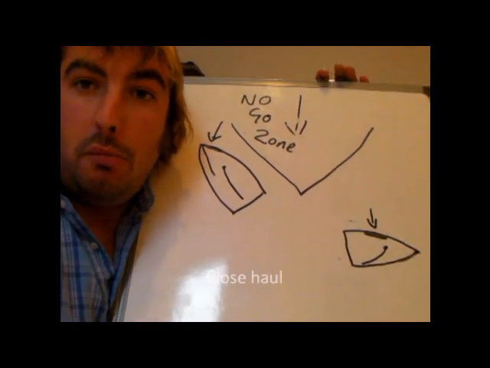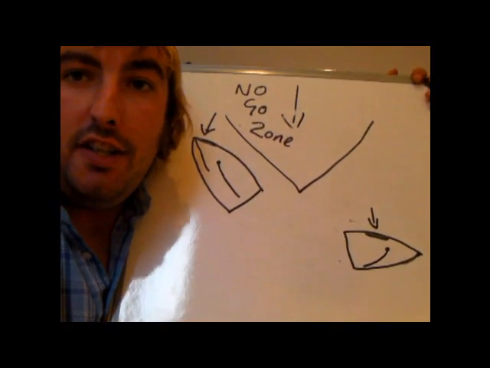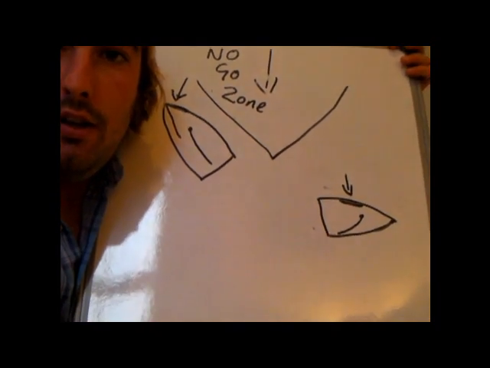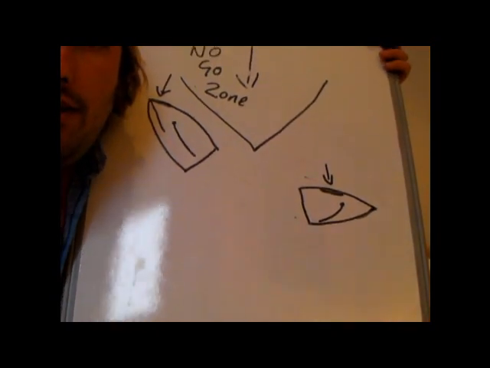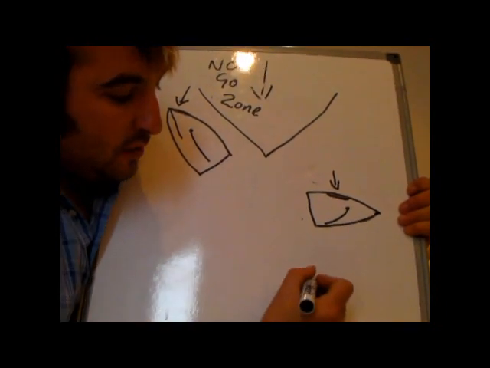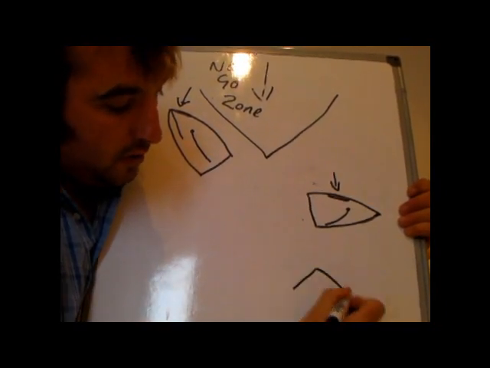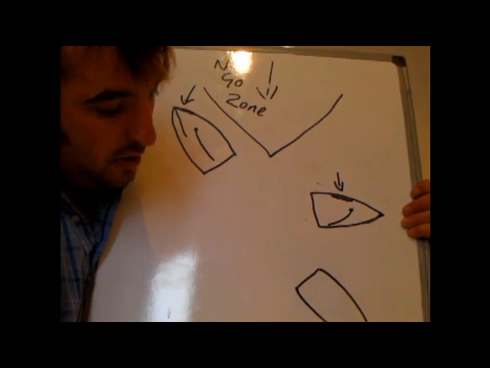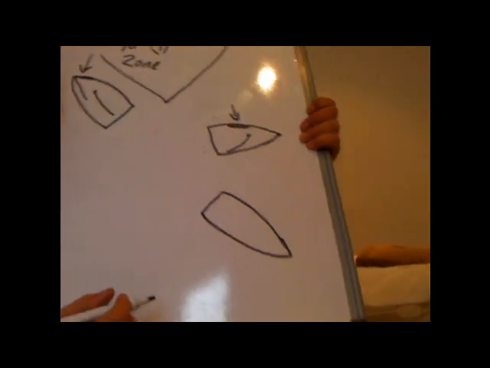We have some more points of sail for getting further downwind. The next one down from the beam reach is what we call a broad reach. So I'll just lift up the board there.